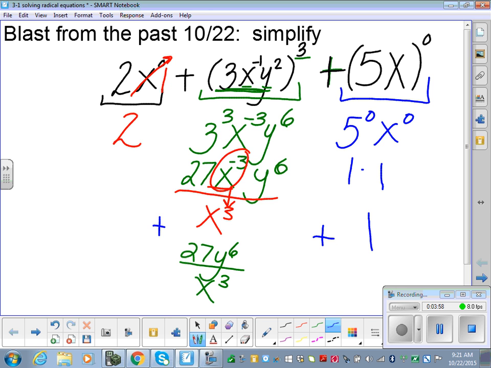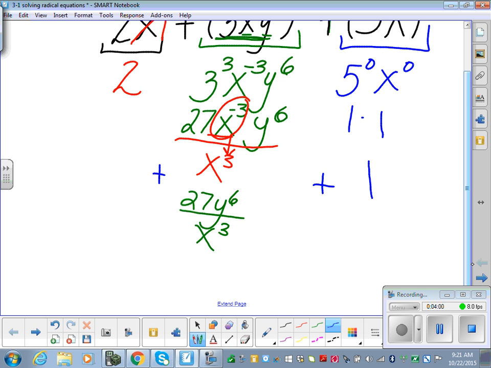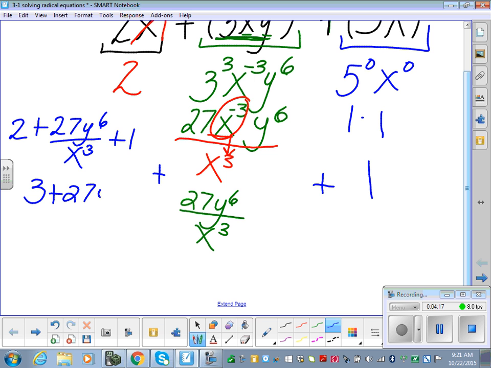So what we have then is 2 plus 27, y to the 6 over x to the third, and then plus 1. Are any of those like terms? 2 and 1. 2 plus 1 is? So we have 3 plus 27, y to the 6 over x to the third. And then we can't add these two things. They're not like.